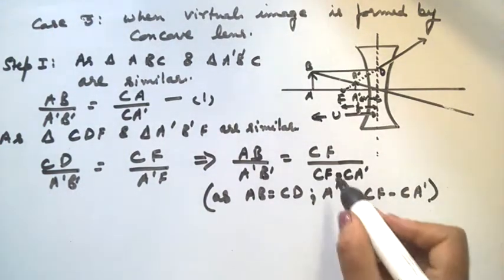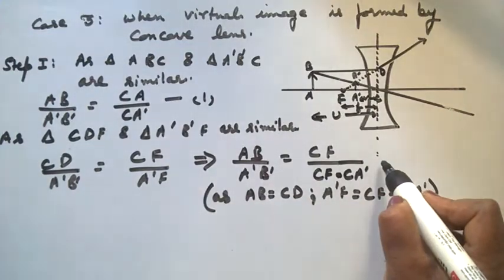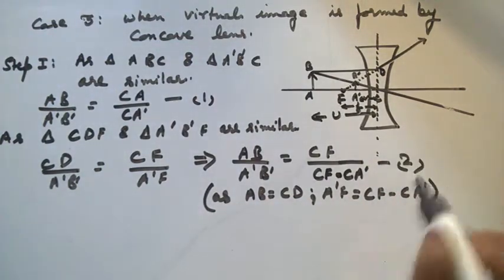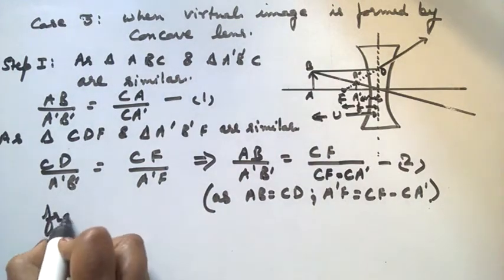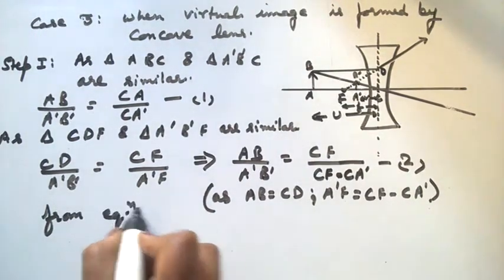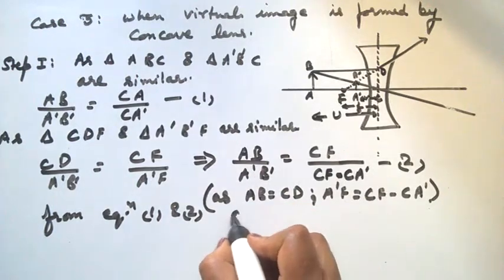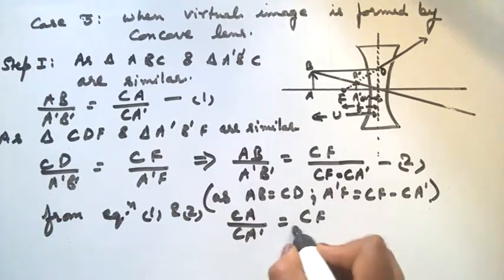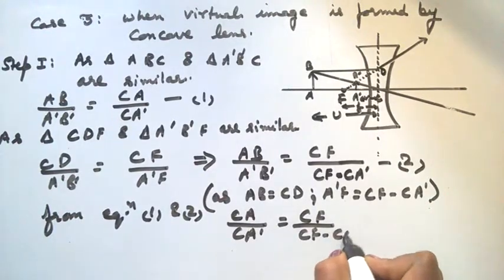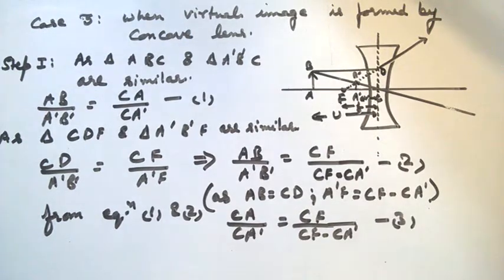Now this is equation number 2. From equation 1 and 2 we can write CA upon CA dash equal to CF upon CF minus CA dash. Now apply sign convention to equation number 3 by the second step.